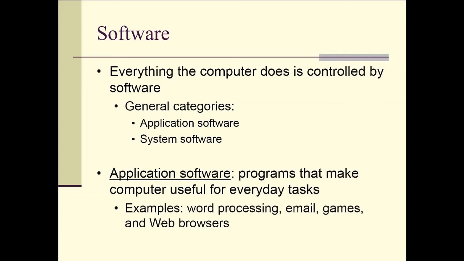The system software, on the other hand, is something you don't really see or think about. You turn on the computer, it comes up, and you proceed to log into your computer or your phone or your laptop, whatever device it is. That system software is what actually controls the computer. It controls the CPU, the storage device, and the random access memory. So that's your system software. And someone's got to write that programming as well.